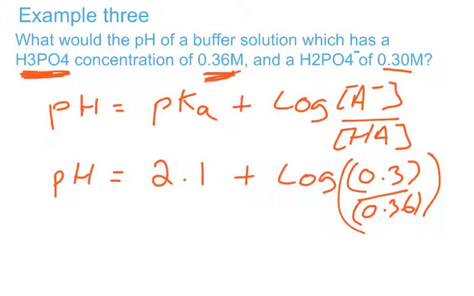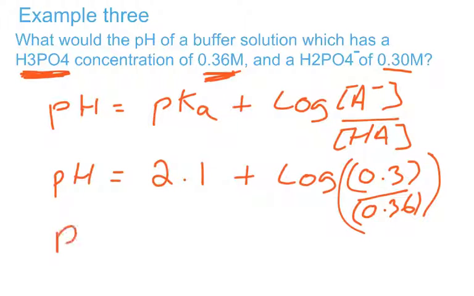The log of 0.30 divided by 0.36 gives me approximately negative 0.08.